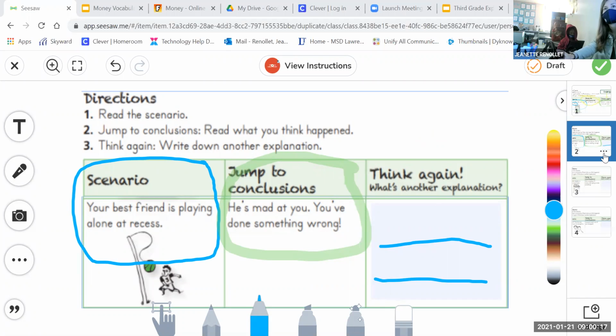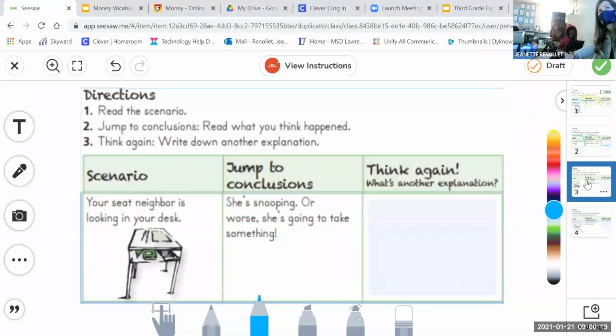All right, let's try slide number 3. We have a new scenario. Are you ready? Let's pretend that your seat neighbor or your partner is looking at your desk.